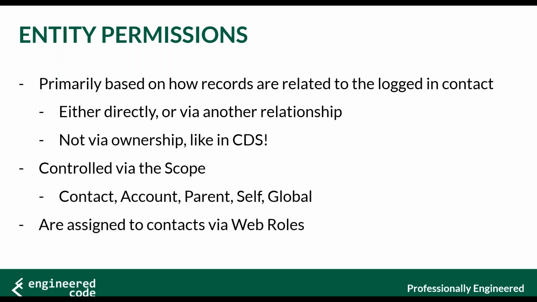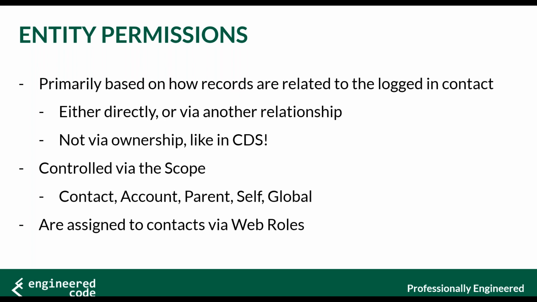and an individual contact can also have multiple web roles. So when you look at all the permissions that a contact may have, including any permissions that they might get from the special authenticated users web role, it's basically the most capabilities that any of those roles give them. So if they have one role that says they can read contacts but they can't edit them, and they have another web role that says they can read and edit, they'll get those permissions if they're related in the same way.